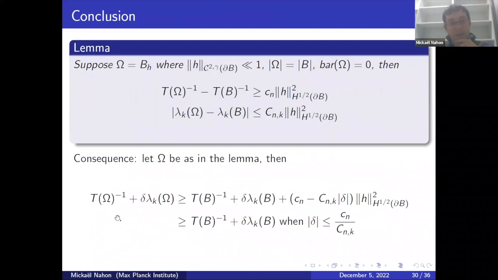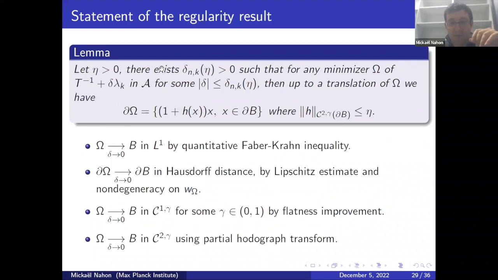And finally, we just need to use the local minimality of the ball. And this can be explained like this. On the top, B_h was, as I said earlier, this set right here. So it's a perturbation of the ball by a function h, by a graph h on the boundary of the ball.